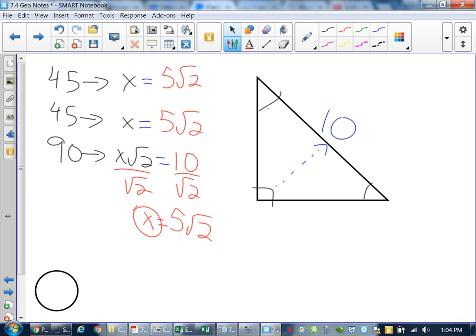So my other two side lengths are then 5 root 2. That's all this is. At most, these types of problems are a one-step algebra problem. Divide by the square root of 2. That's it. Use this algebra jig. Set it up, reuse it over and over and over again.